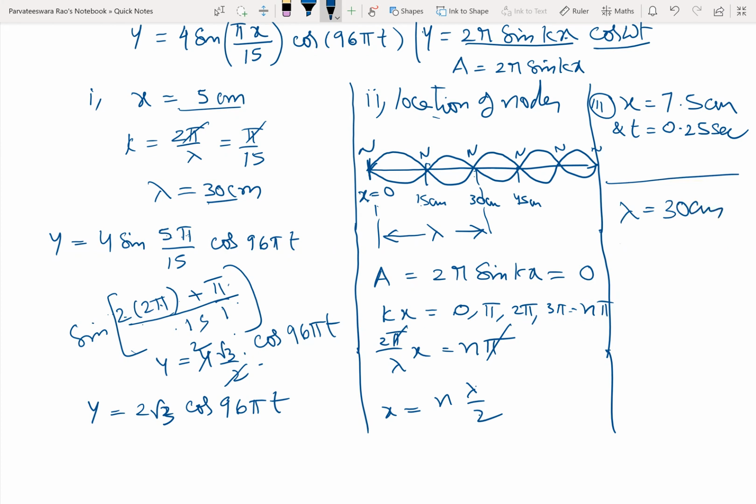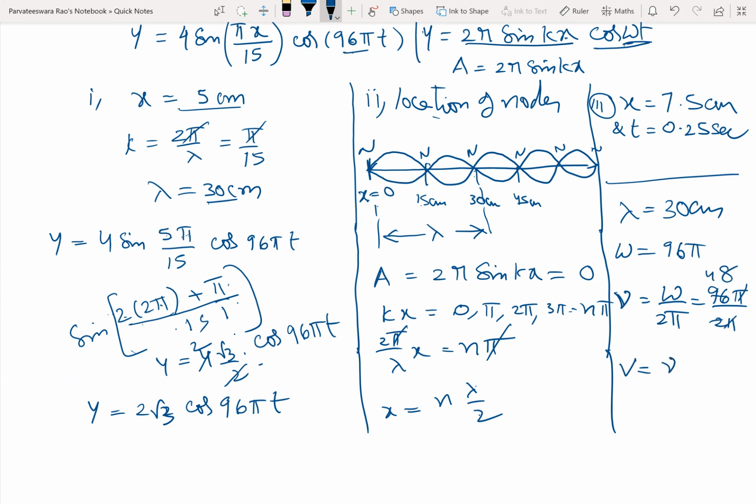And what is omega? It is 96 pi. In place of omega, we have got 96 pi. So frequency nu is equal to omega by 2 pi. So 96 pi by 2 pi. So this is 48.